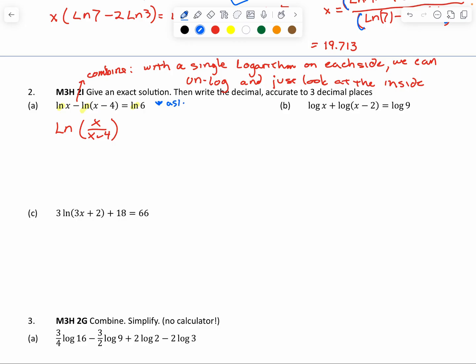I just misspelled also. Okay, you can't do anything with the x minus 4 except put it under the x.